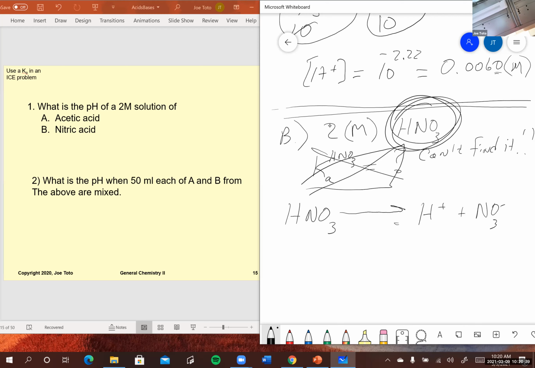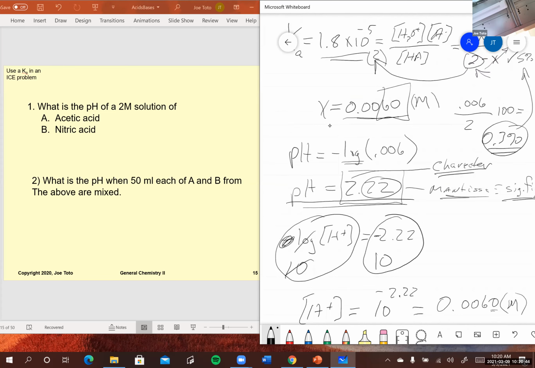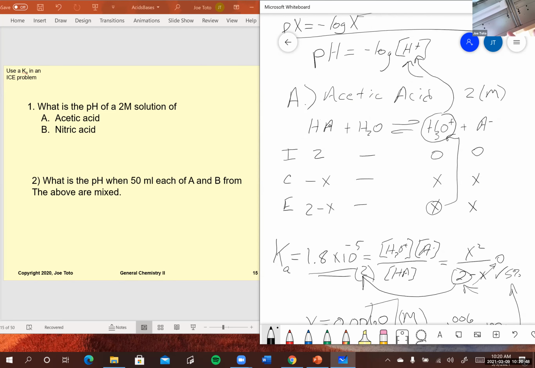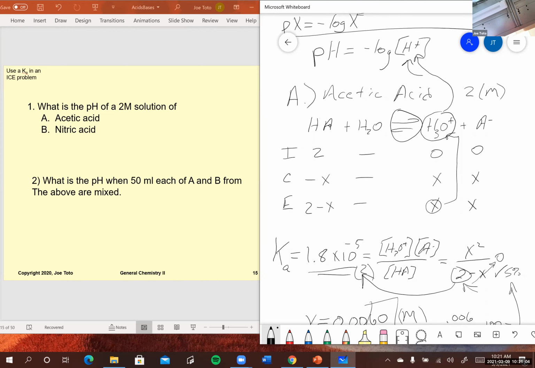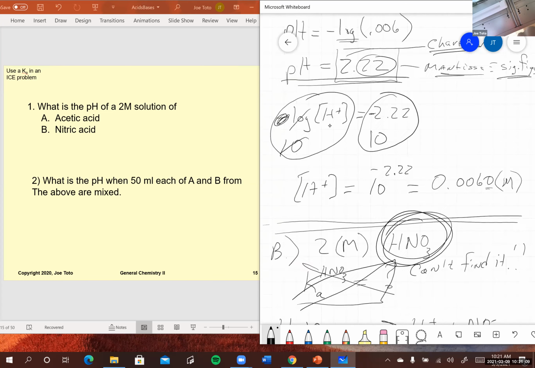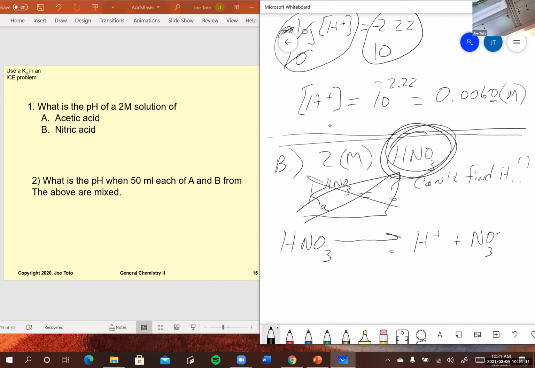This is very different from the previous case of acetic acid, where it's a weak acid and it's nowhere near 100% dissociated. In fact, it's less than 5% dissociated. We use the 5% rule, that X is less than 5% of 2. So the equilibrium in that first case lies way to the left, whereas in a strong acid case, it's way to the right.